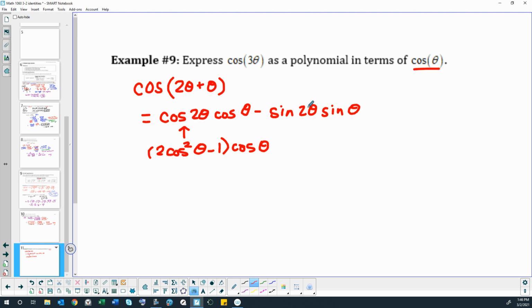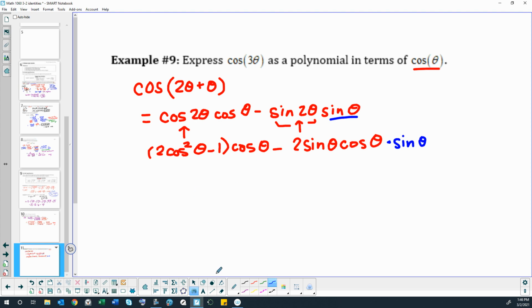And then we're going to replace our sine 2 theta with the only thing we know for that one, which is 2 sine theta cosine theta. Now don't forget that's just for this piece, and so we still have this additional sine theta that will be extra multiplied to that. That'll be important here in a second.